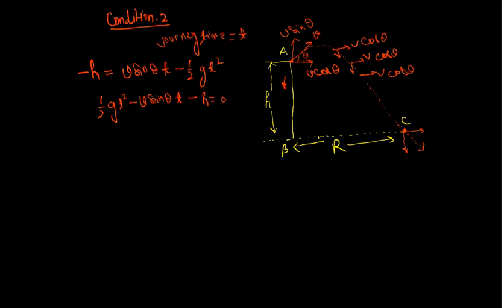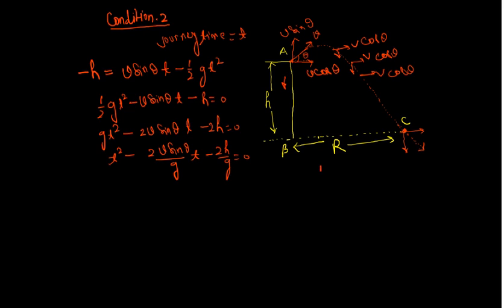Again I can rearrange it: 2 g t square minus 2v sin theta into t minus 2h is equal to 0. Again: t square minus 2v sin theta divided by g into small t minus 2h divided by g is equal to 0.